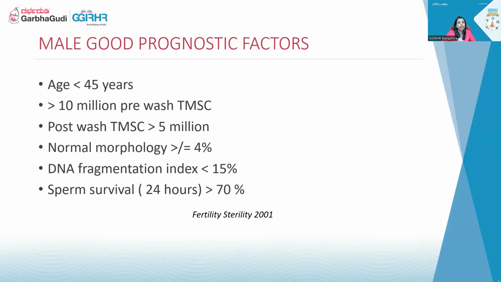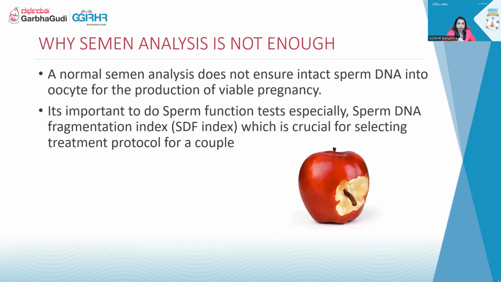The best success rates can be achieved when the morphology is very good, the DNA fragmentation index is less than 15%, and the sperm survival rate is more than 70%. So when you are choosing a patient for an IUI treatment, if you want to evaluate the man properly, get this pre-wash analysis and post-wash analysis from a good fertility center to determine whether your couple or patient is suitable for IUI treatment.